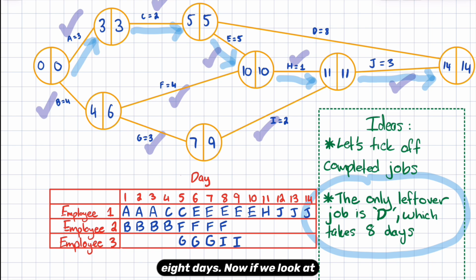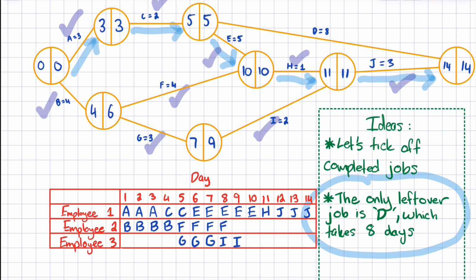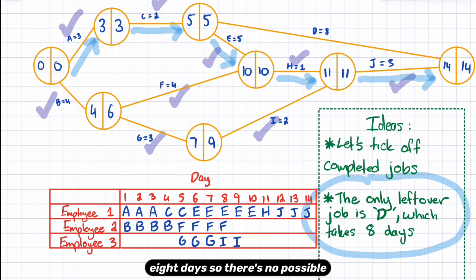If we look at employee 2 and employee 3, employee 2's only got 6 days there, but the job for D takes 8 days. So there's no possible way employee 2 can get it finished in time. And the same with employee 3, he's got even less time, 1 less day. So with these 3 employees, there is no possible way for them to finish this project.